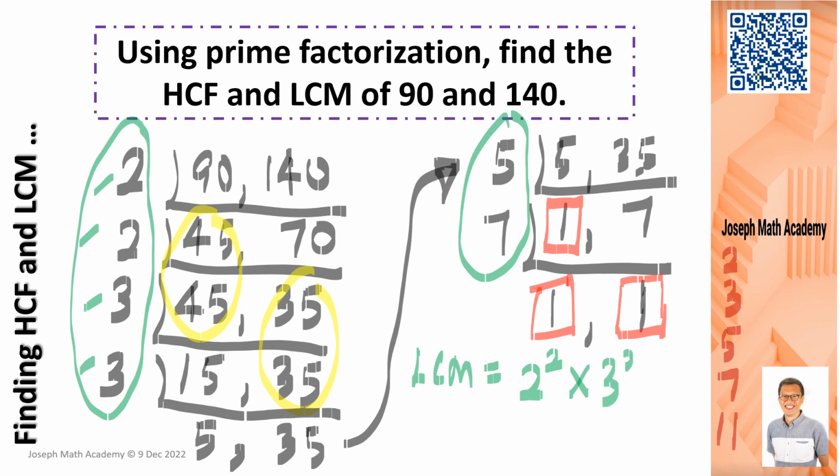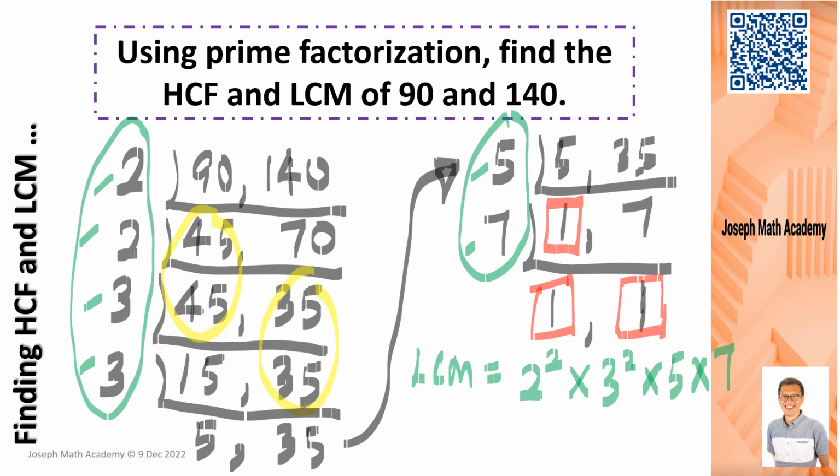So 3 to the power of 2 times 5 appears only once, so 5. And 7 appears only once, so times 7. So the LCM of 90 and 140 is 2 square times 3 square times 5 times 7.